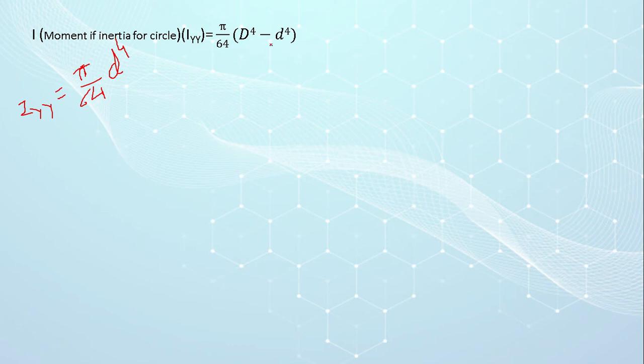Therefore, this formula can be modified as pi by 64 into external diameter raised to 4 minus internal diameter raised to 4. So put all the values, pi by 64 in bracket 80 raised to 4 minus 40 raised to 4. It gives Iyy, the moment of inertia about the y axis, equal to 1.885 into 10 raised to 6 mm raised to 4.